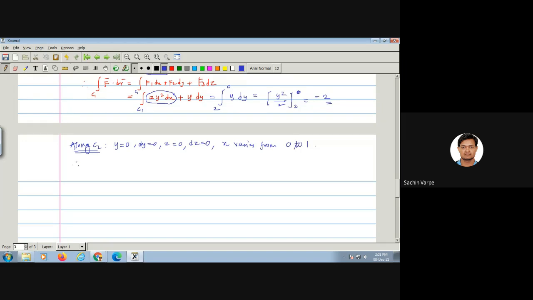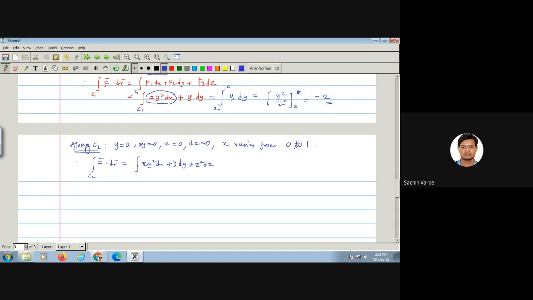Therefore, the integration over the curve C2 of f bar dot dr bar is the integration of xy square dx plus y dy plus z square x dz.